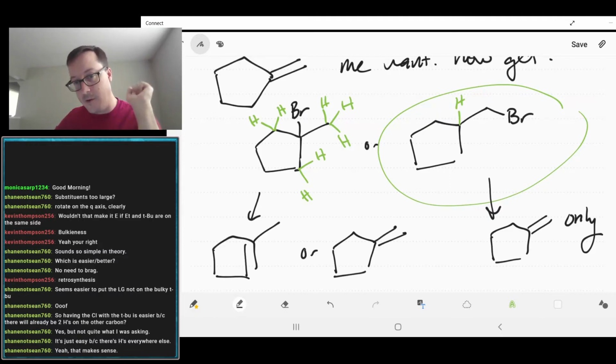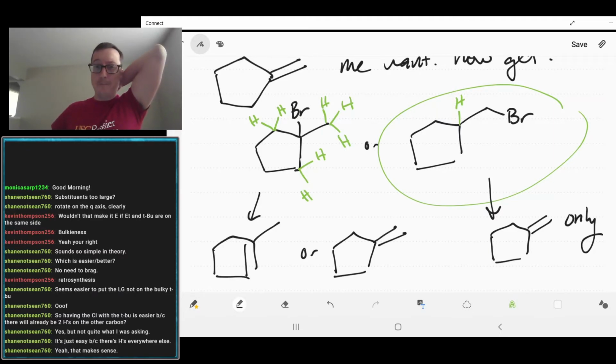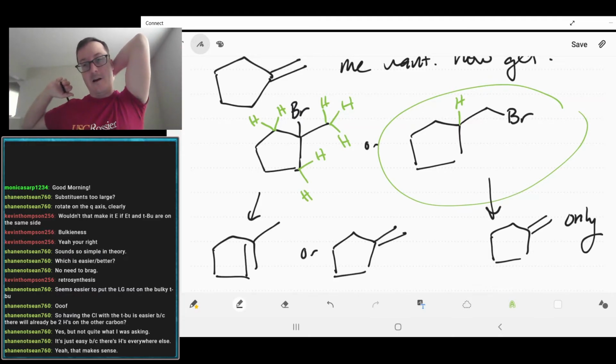And note though, by the way, the one on the left, if we did want to try and force it to go Hofmann, we would use the bulkiest base possible. That would at least help. We may not get 100% of the product of interest, but we would help that out.